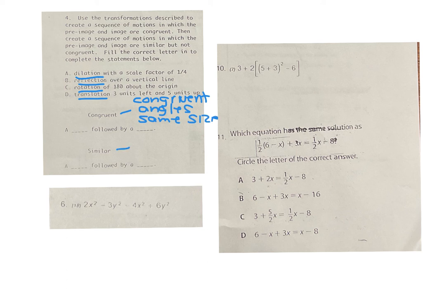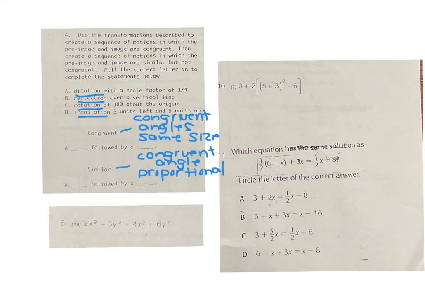If something is similar, it's still the same shape, so it has congruent angles. But what happens is we see a change in the size, so we say that it has proportional sides. So as you take a look at your different transformations, we need to decide what would make something congruent and what would make something similar. And there are multiple correct answers for this.